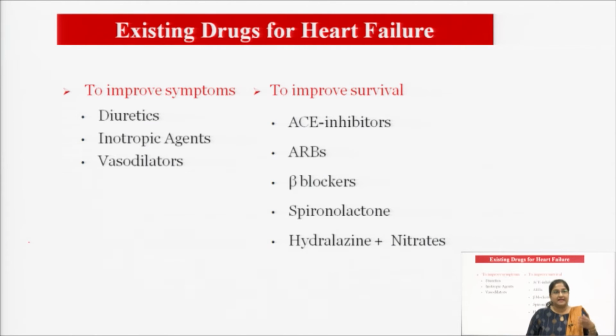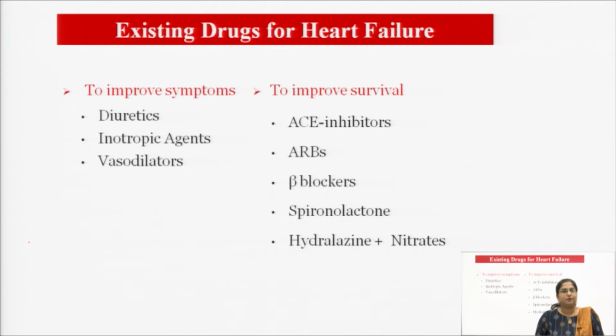Next, the existing drugs for heart failure were divided into two parts: first, to improve the symptoms, and second, to improve the survival. These are the categories which we have already studied in our previous subjects or in pharmacology also.